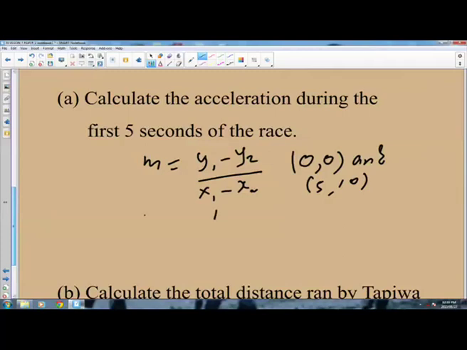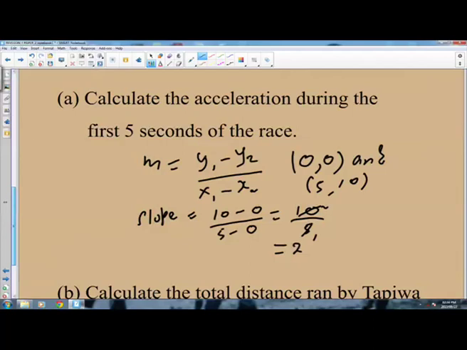The slope of this line will be 10 minus 0 divided by 5 minus 0. 10 minus 0 is 10, and 5 minus 0 is 5, meaning the slope of the line here is 10 divided by 5. 5 into 10 is 2, so the slope is 2.